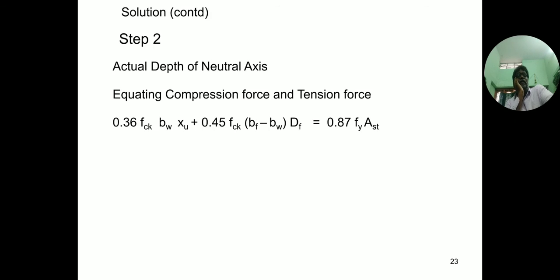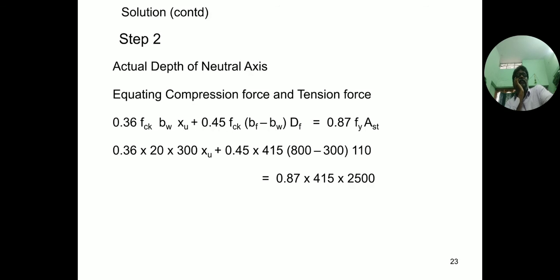0.36 FCK BW XU plus 0.45 FCK (BF minus BW) into DF is equal to 0.87 Fy AST. Simplifying this, substitute the values: 0.36 times FCK 20 times BW 300 times XU plus 0.45 times FCK 20 times (BF 800 minus 300) into 110 is equal to 0.87 into Fy 415 into AST 2500.